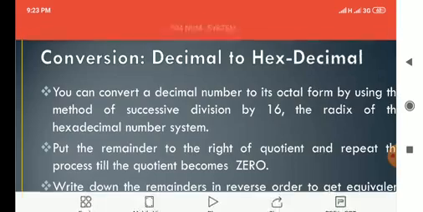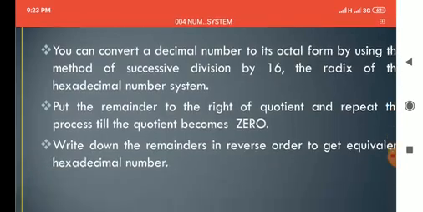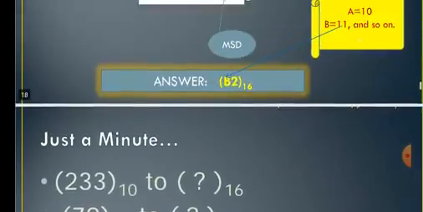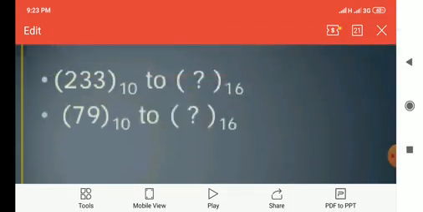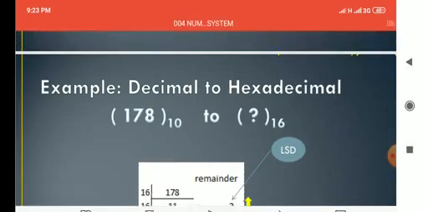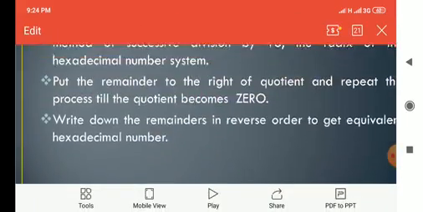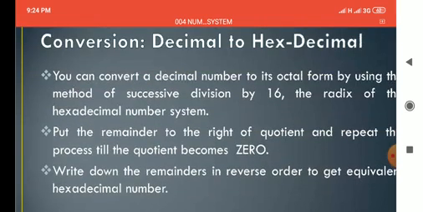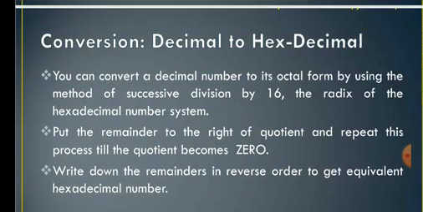Next we'll move on to how to convert decimal to hexa. Same decimal to hexa conversion. As I said already, decimal to anything means division, here by 16.